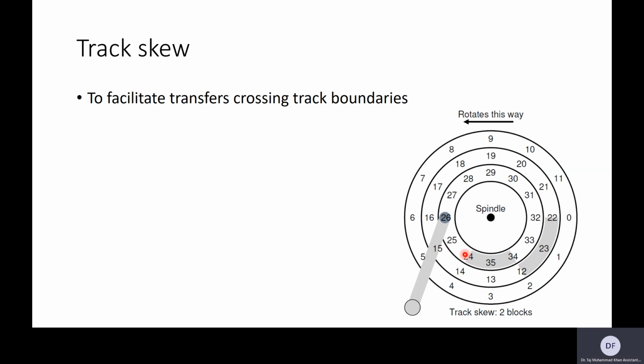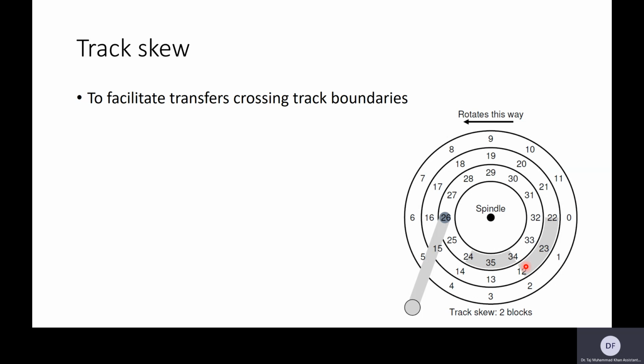What happens is that when the disk is reading from 22 and then 23, the platter is already rotating, and now the arm has to move from the middle track to the inner track.